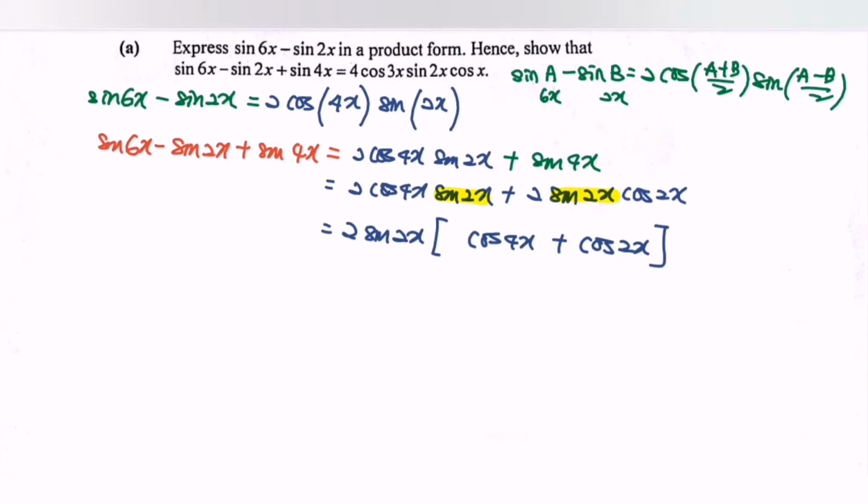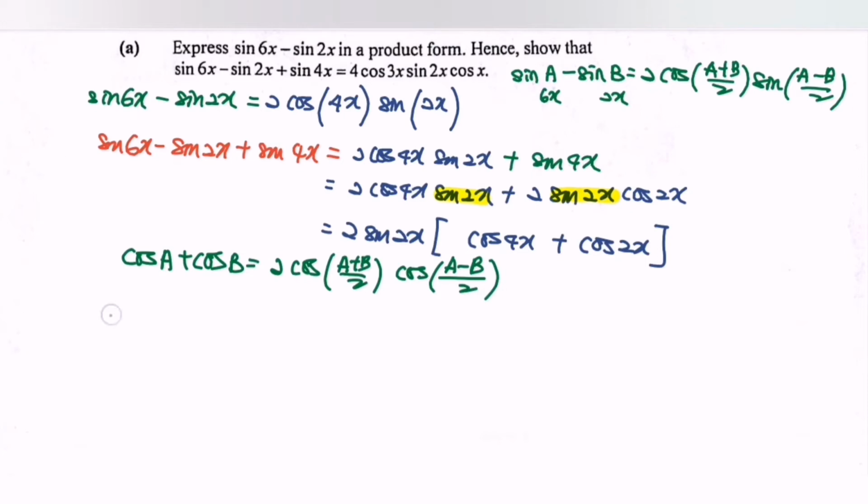Based on the factor formula, we have cos A plus cos B, which is equal to 2 cos bracket A plus B over 2 cos A minus B over 2. So kindly substitute.